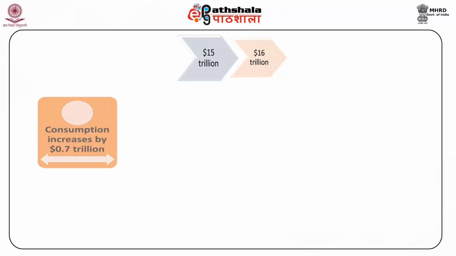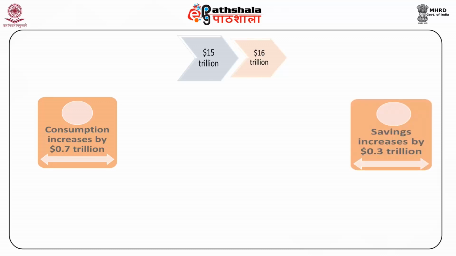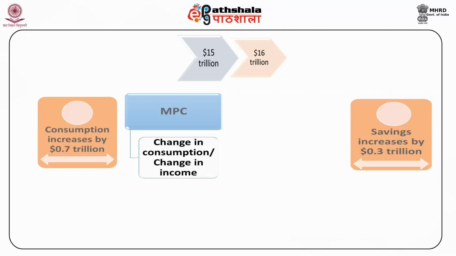Let us understand this concept with the help of an example. For instance, if a country's income increases from $15 trillion to $16 trillion, then its consumption increases by $0.7 trillion and savings increase by $0.3 trillion. The marginal propensity to consume in this case will be change in consumption, that is $0.7 trillion, divided by change in income, that is $1 trillion.